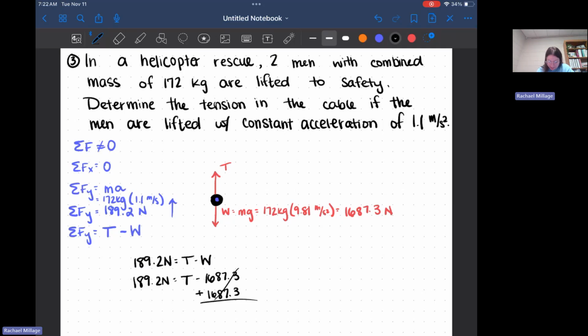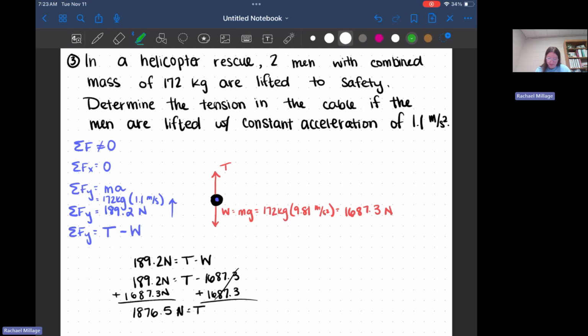So that cancels out on this side. 189.2 plus 1687.3, 1876.5 newtons is equal to T.